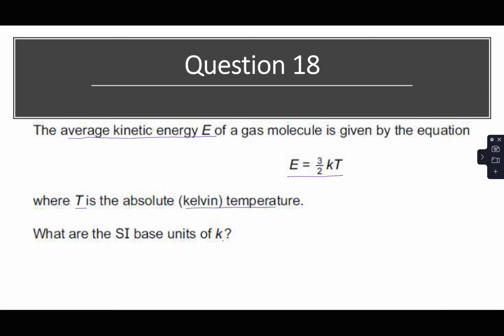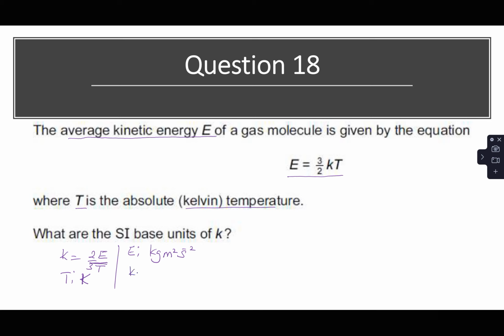I just make K the subject. So K is going to be equal to twice E over 3 times T, the denominator. T is thermodynamic temperature, the units are capital K, Kelvin. E is energy. We have already seen that energy is kilogram meter squared per second squared.